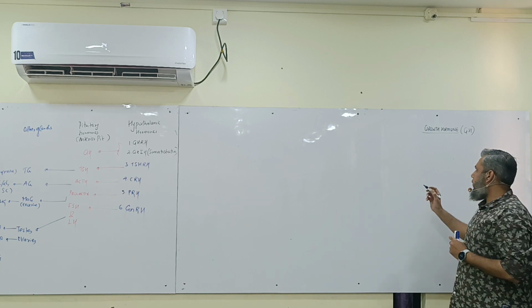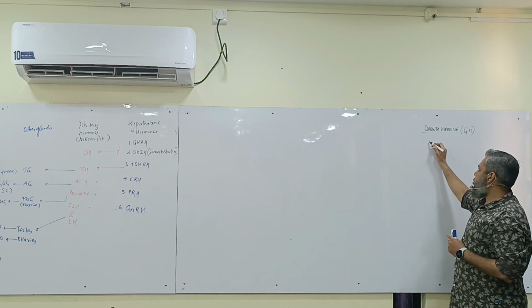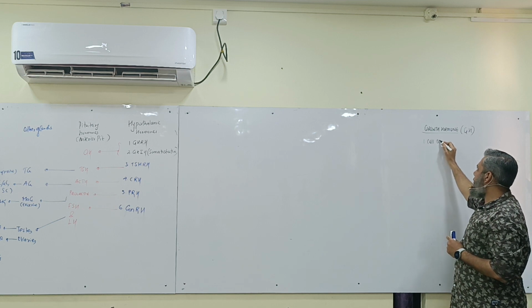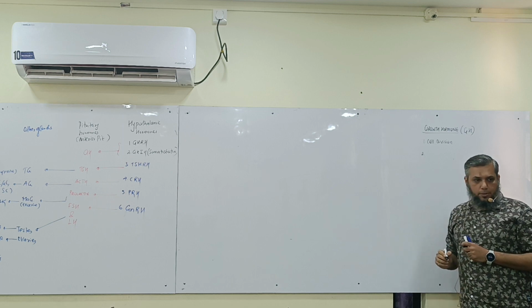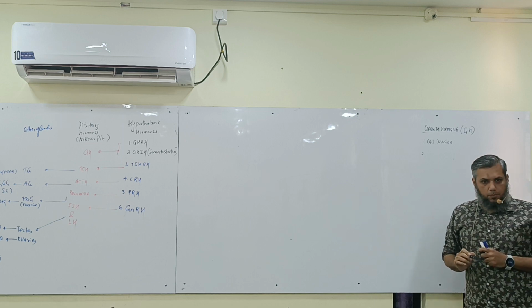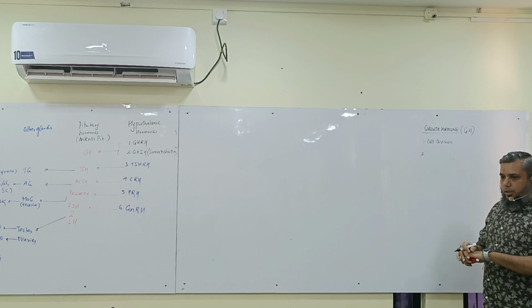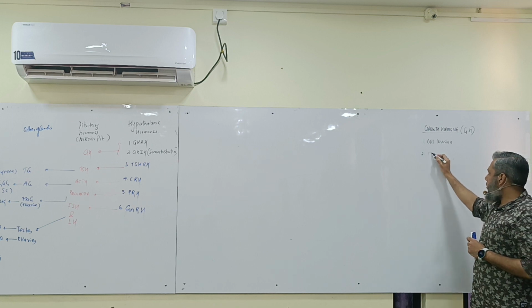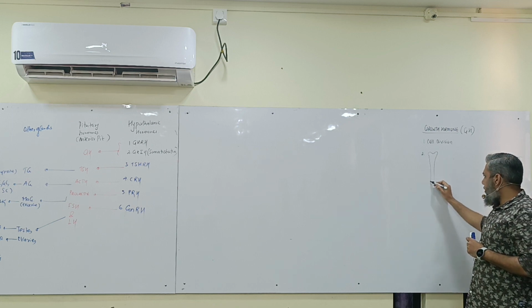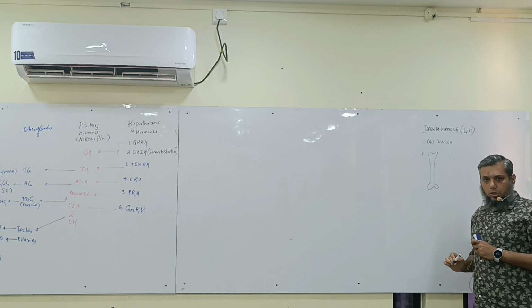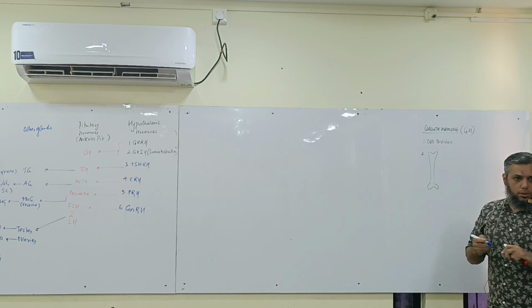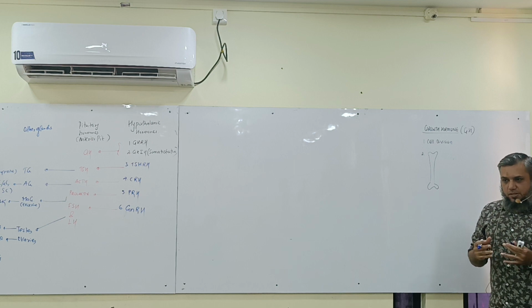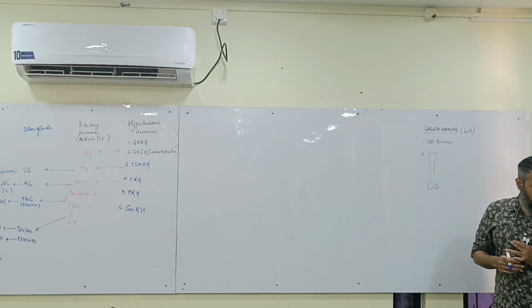One is it stimulates the process of cell division. Because for growth, cell division is required. Now let us look at the structure of the long bone. The end of the long bone is called the epiphysis or the spongy bone.